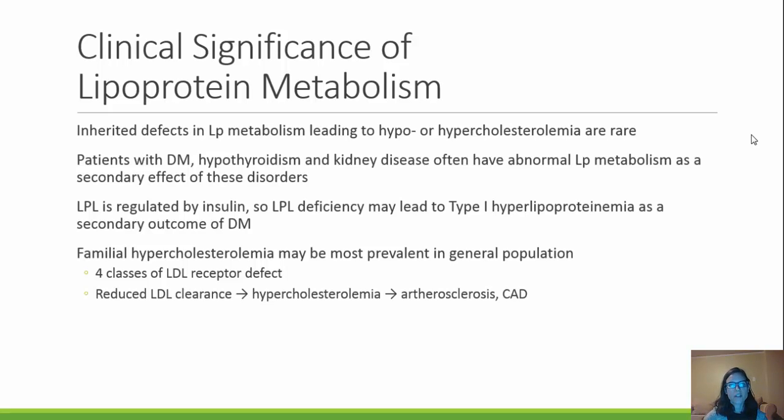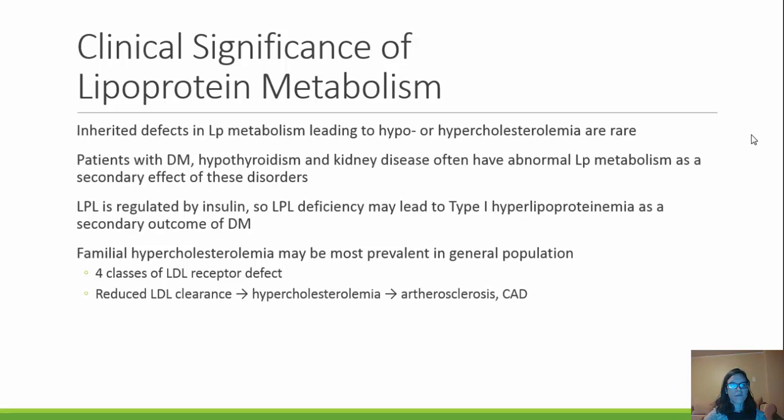This can lead to type 1 hyperlipoproteinemia as a secondary outcome of diabetes mellitus. So we can't break down the lipoproteins because we don't have the insulin to make our lipoprotein lipase work, and therefore we have a buildup of the lipoproteins in the blood.